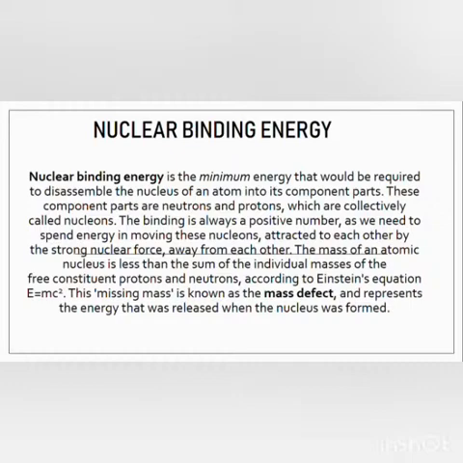The mass of an atomic nucleus is less than the sum of the individual masses of the free constituent protons and neutrons. According to Einstein's equation, E equals mc squared, the missing mass is known as the mass defect and represents the energy that was released when the nucleus was formed.